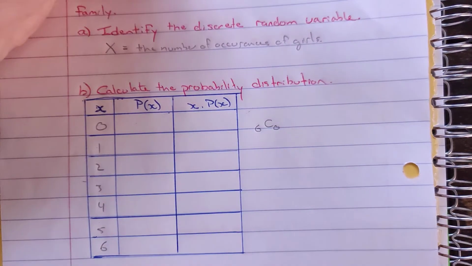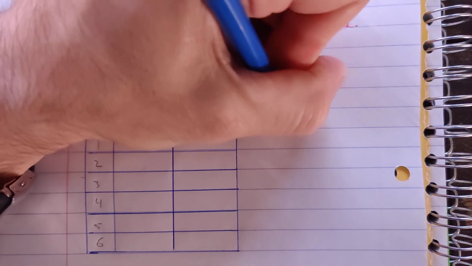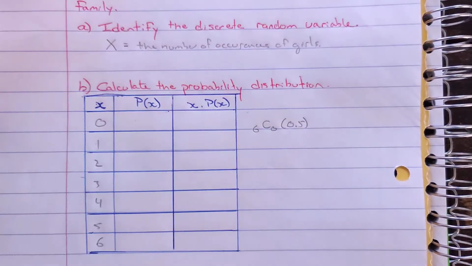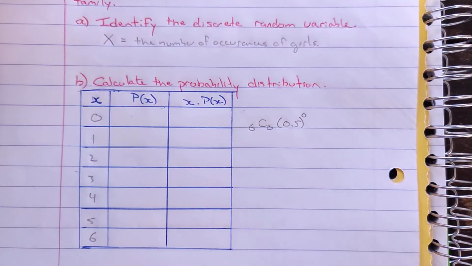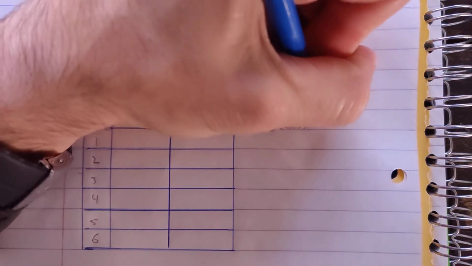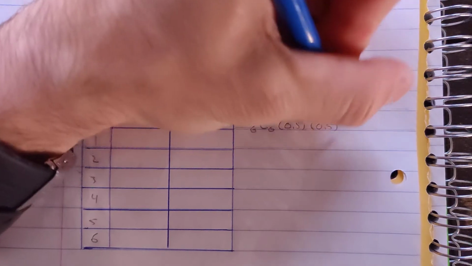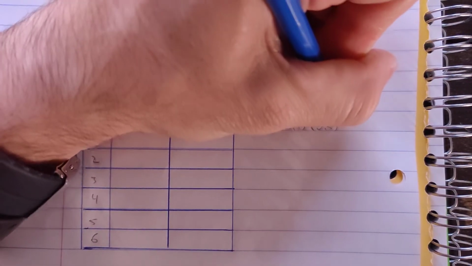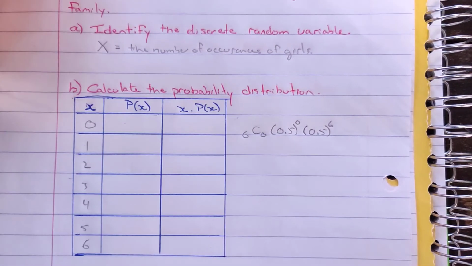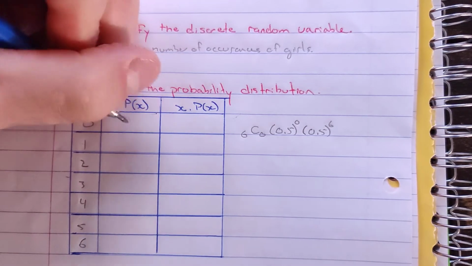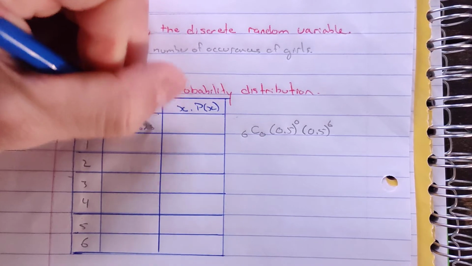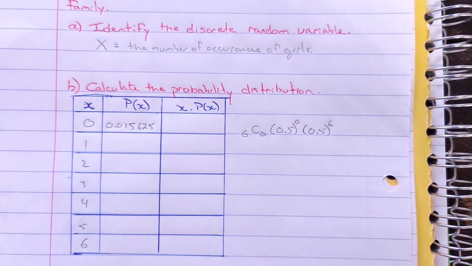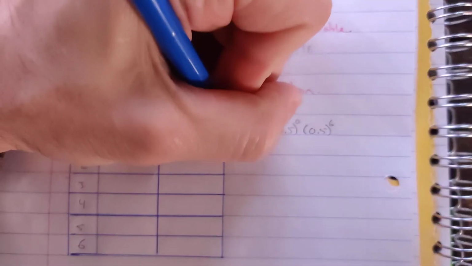Choose 0 of them to be girls times the 50% chance of it being a girl. So there's our 50% chance of success, but there's none of them. And then our 50% chance of failure, and there is 6 of them. So that probability works out to 0.015625.